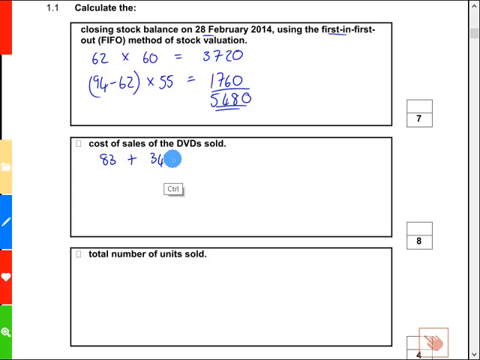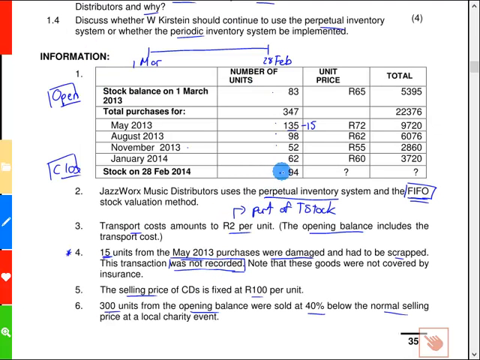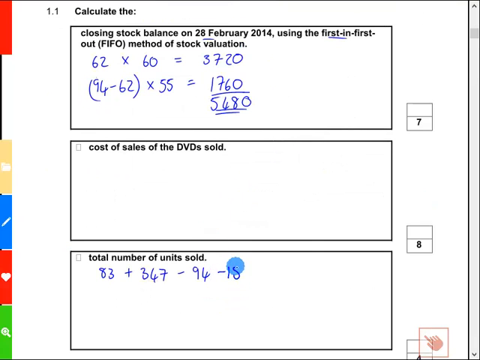Oh, sorry, I'm filling it in the wrong place. 83 opening stock plus 347 purchases minus the 94 closing stock that we had, and also minus the 15 units that was damaged, and that gave us units sold of 321.